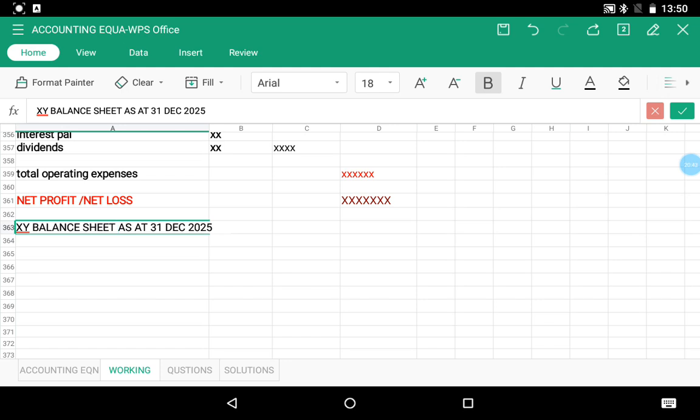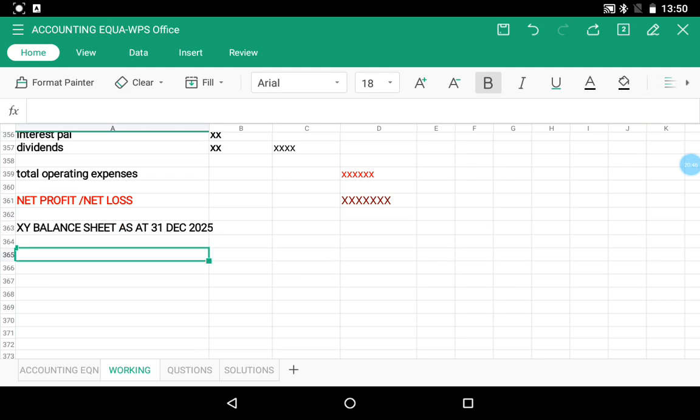It is the same. When you talk about financial position or balance sheet, its total assets must be equal to total equity and liabilities. In short, total balance.